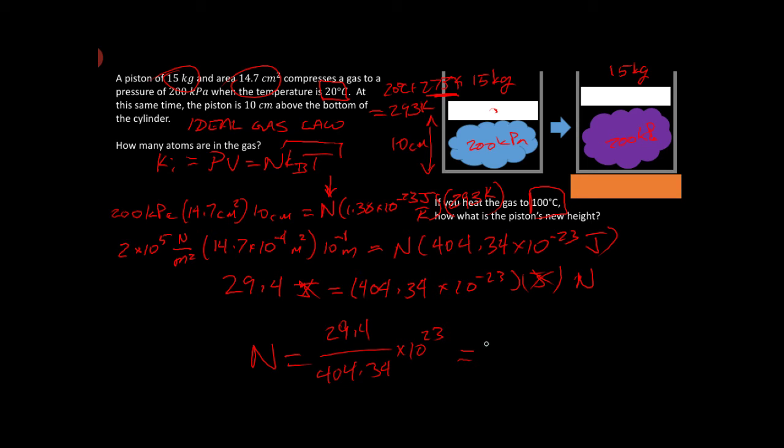I think that's right, so 0.07, so that means 7.27 times 10 to the 21 atoms.